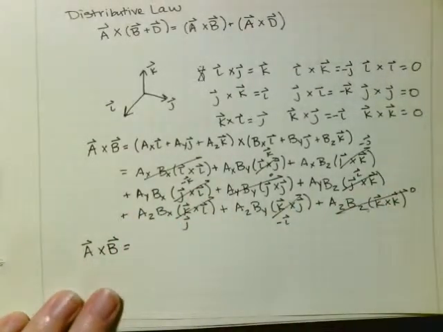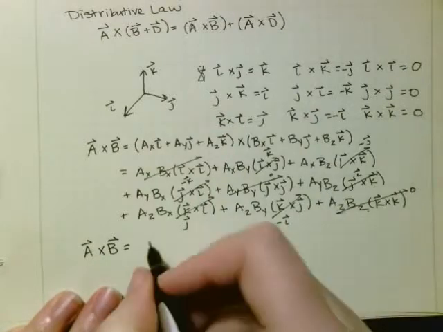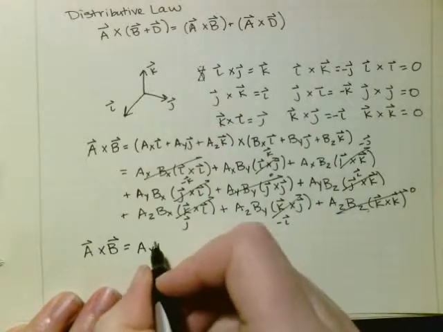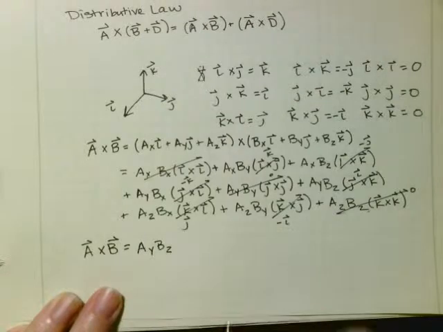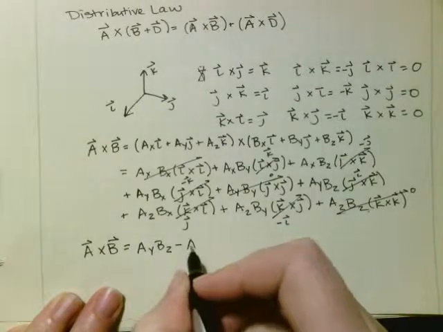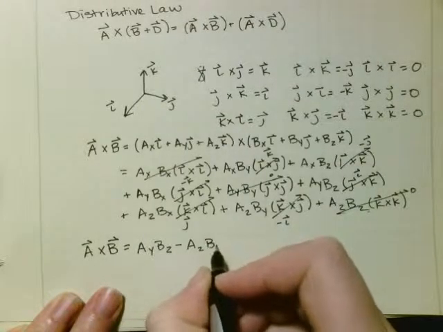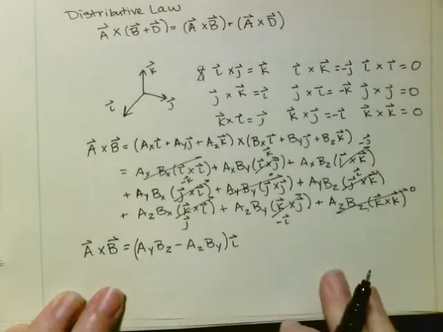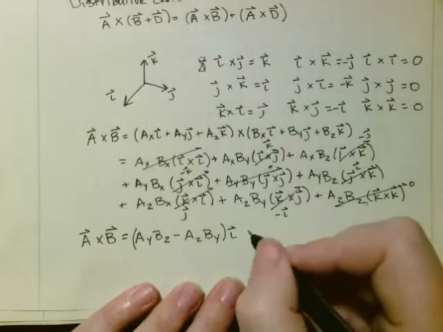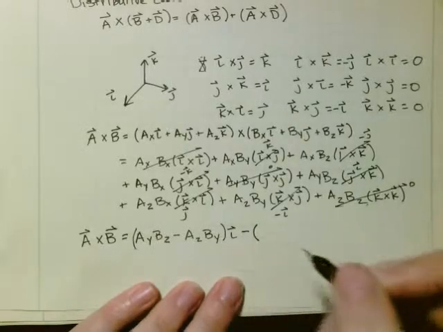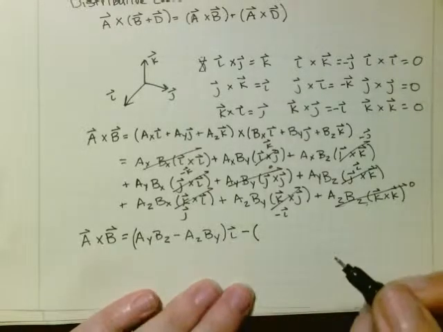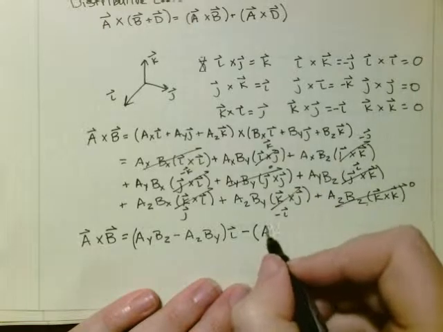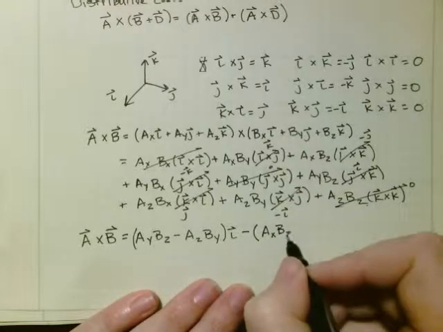combine all the I terms first. So we'd get AY BZ minus AZ BY. All of this is multiplied by I. We do minus all the J products, so we would get AX BZ.